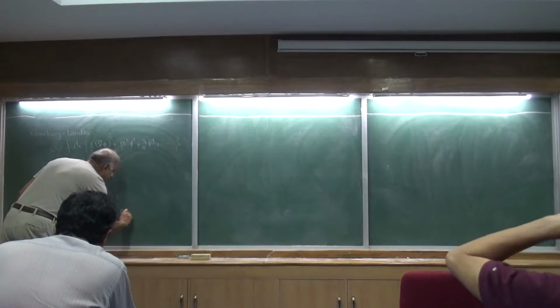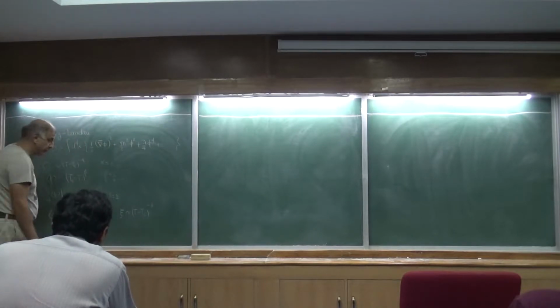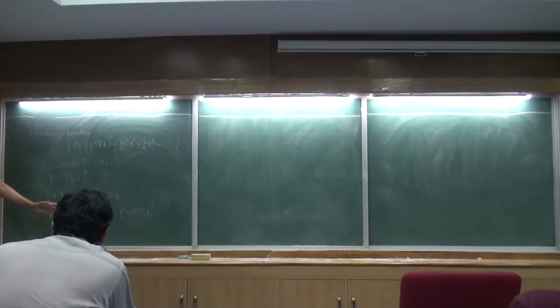This correlation length is supposed to diverge as T minus Tc to the power minus nu. That defines the exponent nu. Eta is what is called the anomalous exponent of the field, the anomalous dimension. So those are your critical exponents.